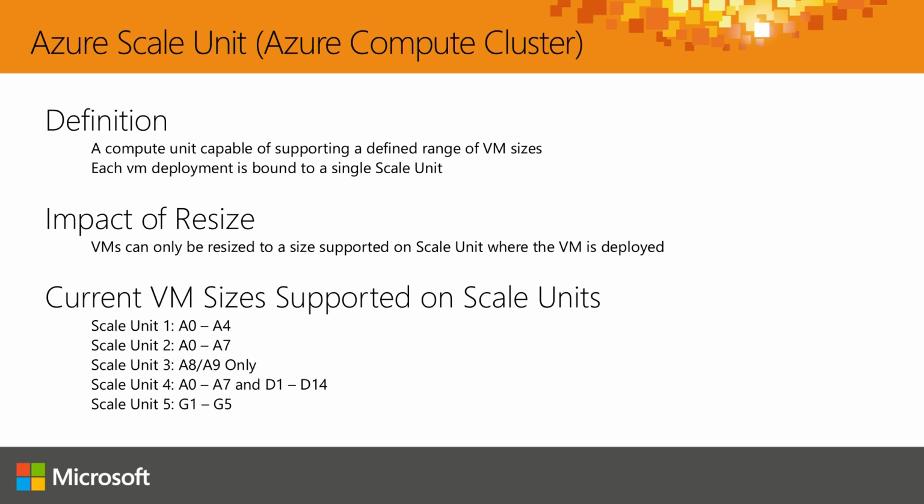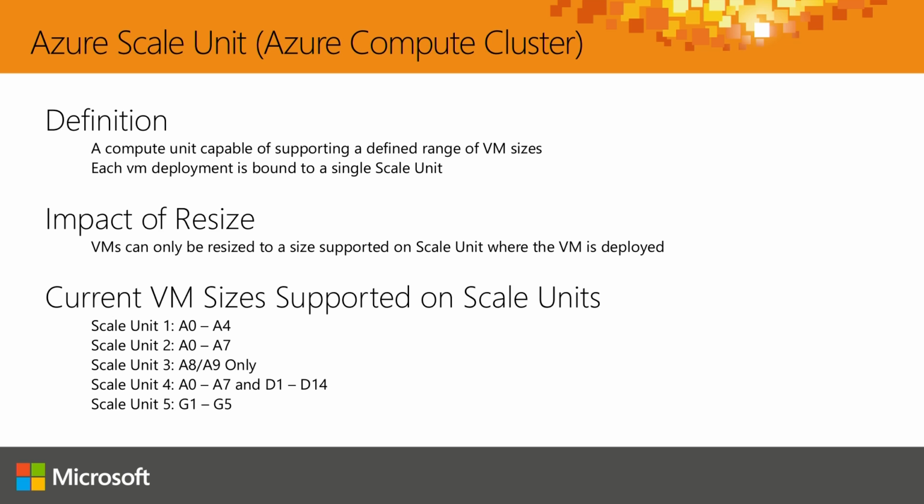Scale units and examples: think of this as possibly the old way that we deployed our hardware. An A0 through A4 could be on scale unit number 1, the very oldest. Scale unit 2 is A0 to A7. Scale unit 3 is only the new high-data capability for HPC that is RDMA enabled.